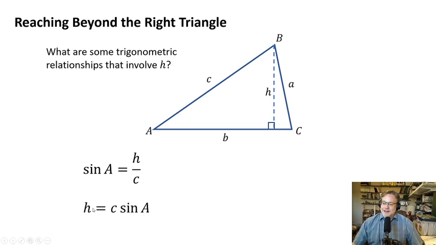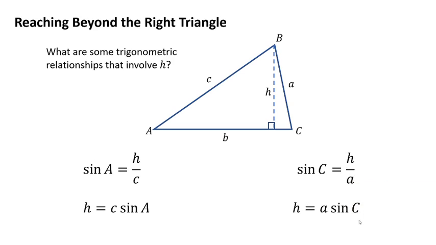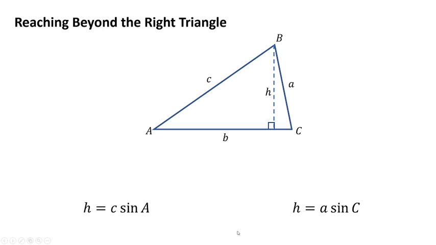And in the same way, we can solve for h by saying this h is equal to c sine of A. In the same way, we can also say that the sine of C is also equal to opposite over hypotenuse here. The sine of C is equal to h over a, and so we get another expression for h here. We get a second expression here for h, which is a sine of C. And it's really as simple as that here.